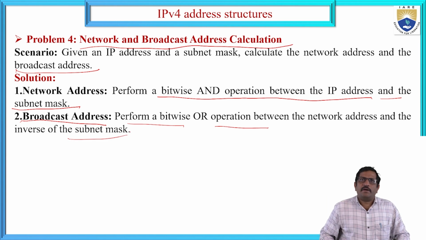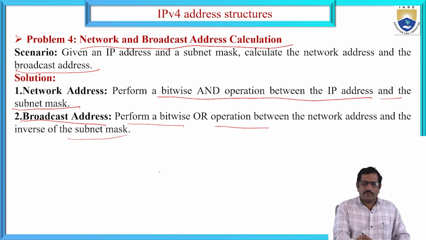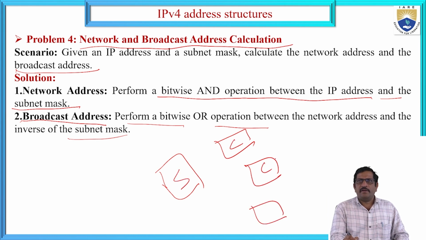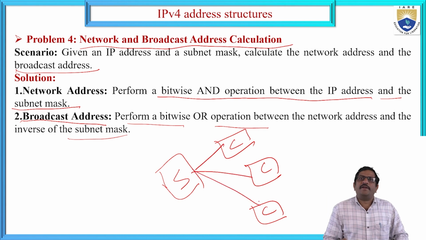Whatever the subnet mask is, that can be inverted, and broadcasting the data. So in the form of bitwise operations, the data can be broadcast from one server machine to multiple client machines. Now we can broadcast the data.